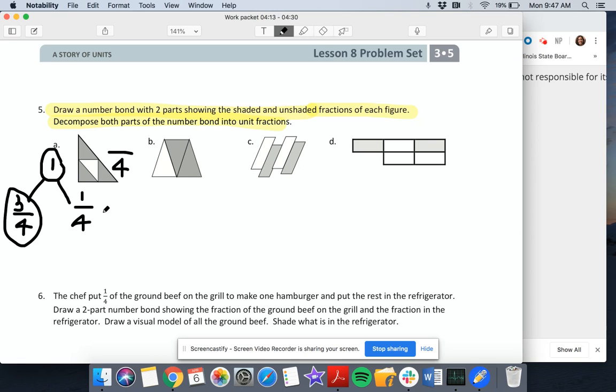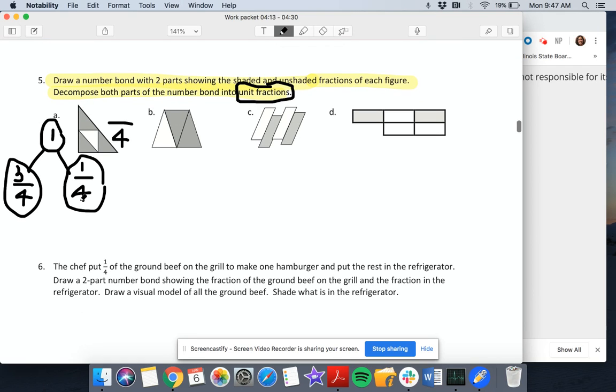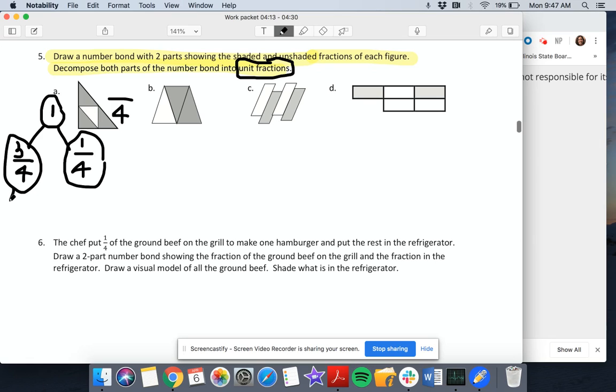So this is what my number bond looks like, but I'm not done because I know that I need to decompose until I get into unit fractions. So as I said, unit fractions just represent one part of this figure. So how can I break down 3/4 into unit fractions?